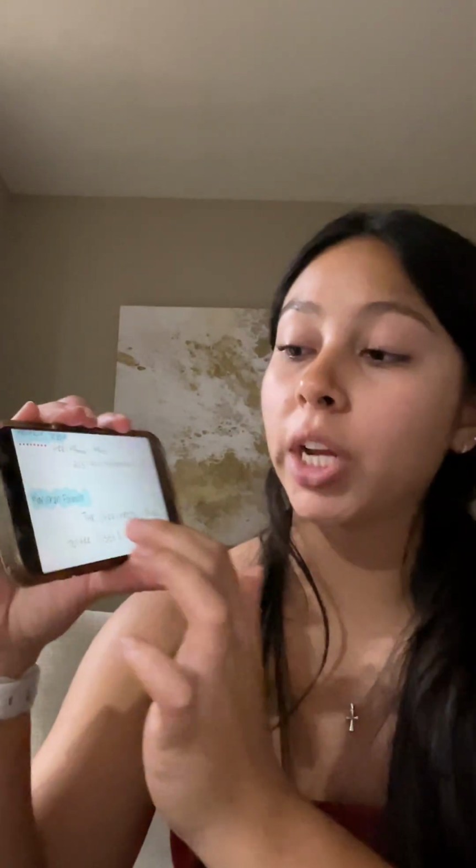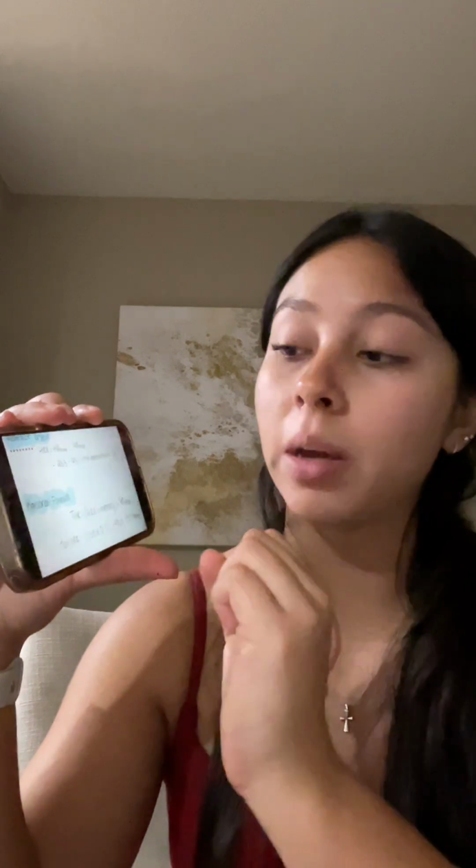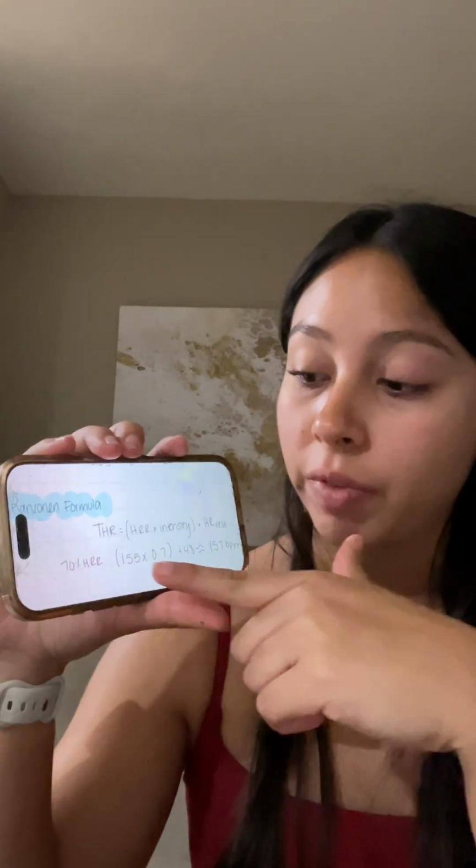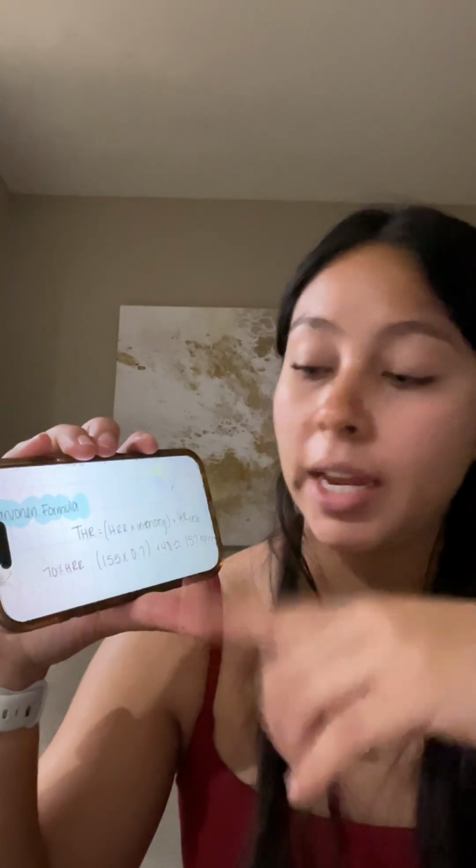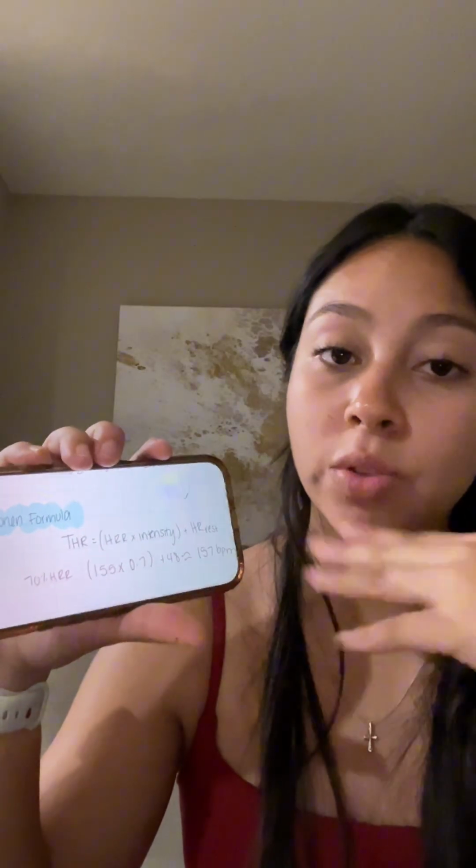And then to calculate target heart rate using the Karvonen method, we have this equation, which is heart rate reserve times intensity plus heart rate rest. At 70% heart rate reserve, I multiply 155 times 0.70 and add 48, producing about 157 beats per minute.